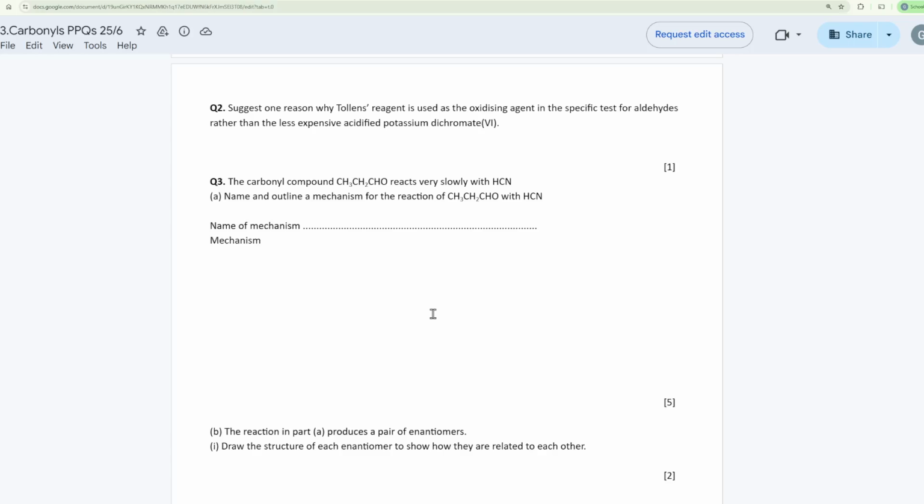No. There's no observed color change when aldehydes are oxidized to carboxylic acids.